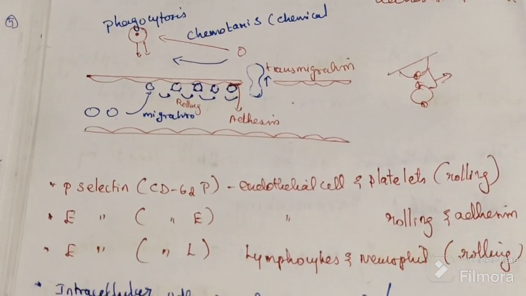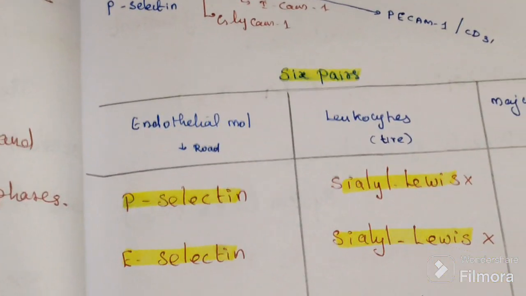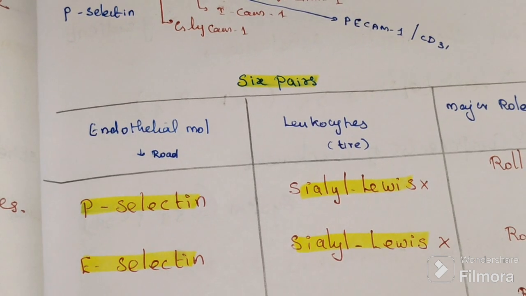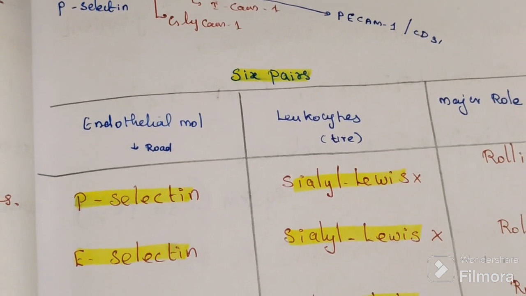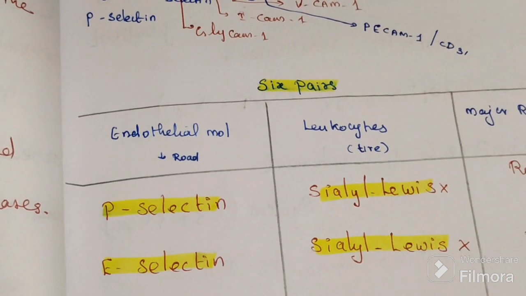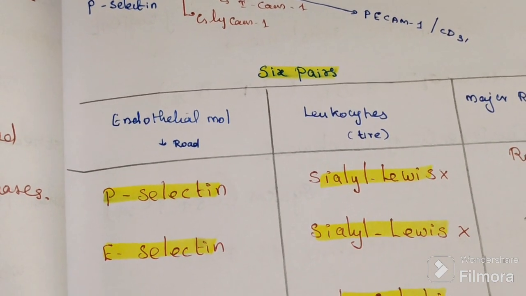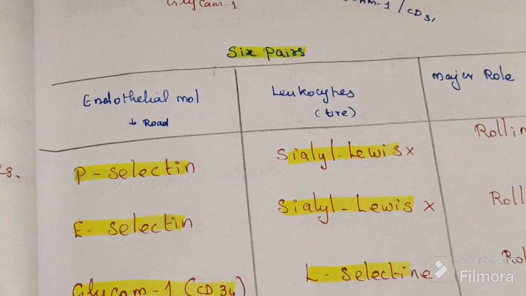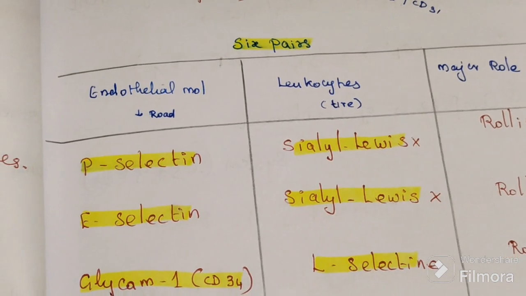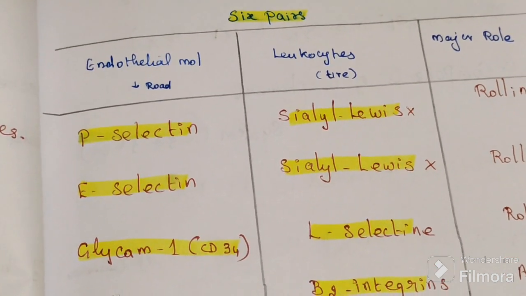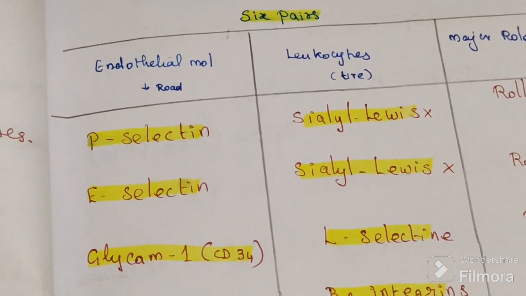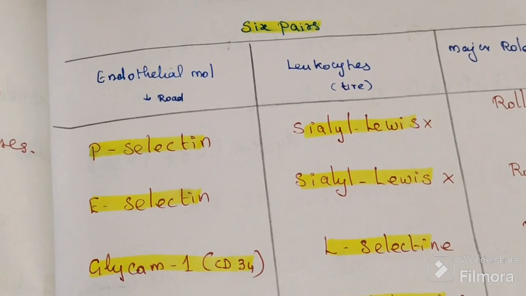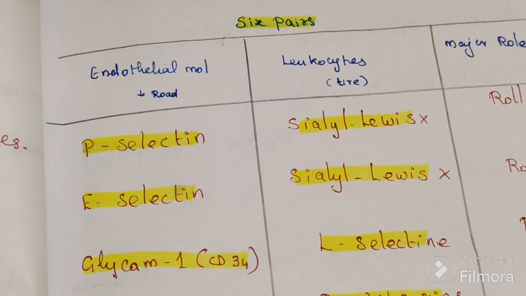So what are the receptors on the WBC, and what are the receptors presented on the endothelial cell? Both have receptors, that means cell adhesion molecules, CAM molecules. First, the endothelial molecule acts as a road, and leukocytes, the WBC, act as a tire.